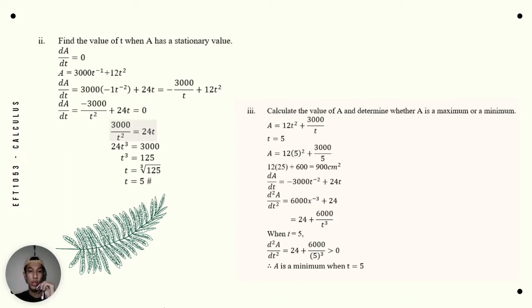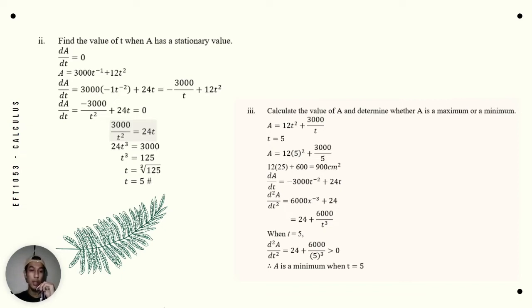So we substitute t: A equals 12 times 5² plus 3000 divided by 5, and we get 900 cm². Then we take the derivative, dA over dt equals negative 3000 t to the power of negative 2 plus 24t, and we get the second derivative 24 plus 6000 divided by t³.